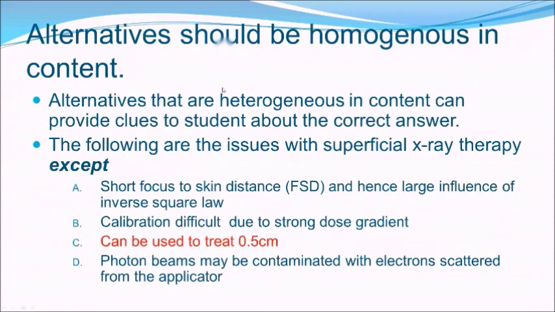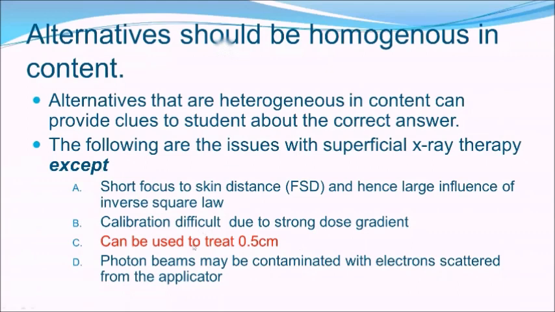Alternatives should be homogeneous in content. Don't have a heterogeneous answer in the place of a homogeneous one. I'll give you an example. This is something which I actually wrote, and then I realized when I was doing it that what I did was wrong. The following are the issues with superficial X-ray therapy, except: if you look at this, you will easily catch the right answer, because it is negative.